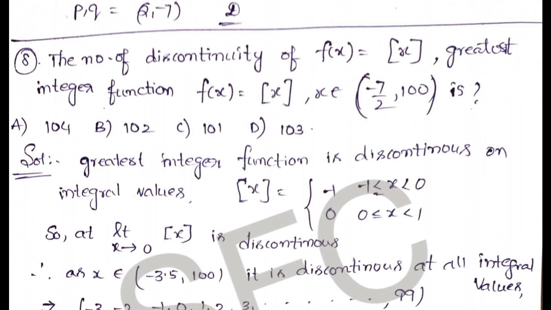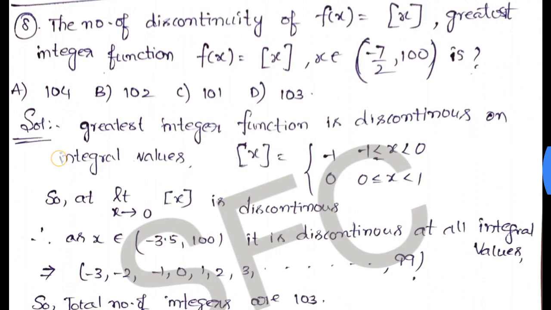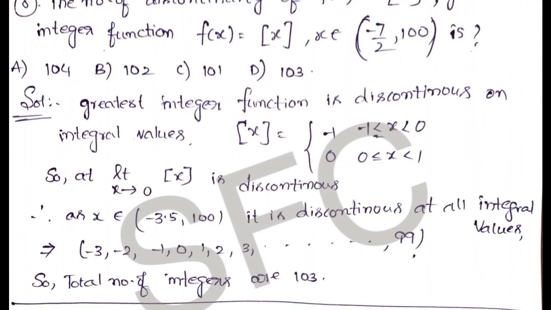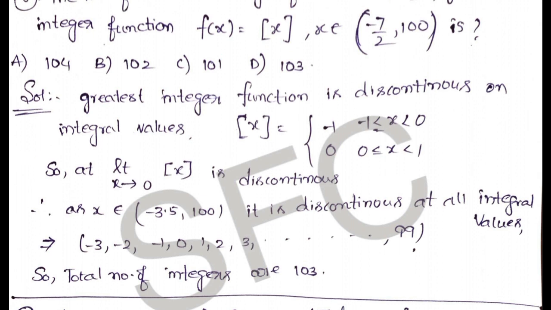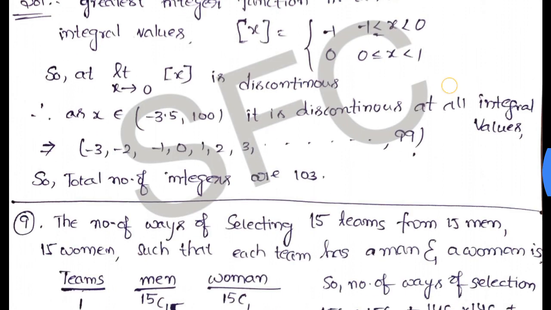Now simply we should look at the number of integers from minus 3.5 to 100. We have written that the total number of integers is 103, starting from minus 3 and ending at 99. Total number of integers is 103.